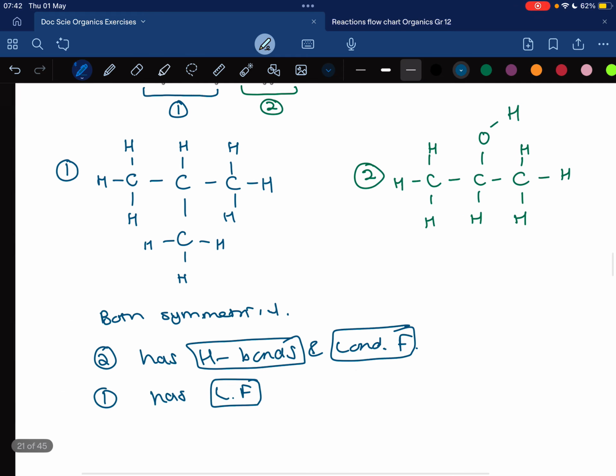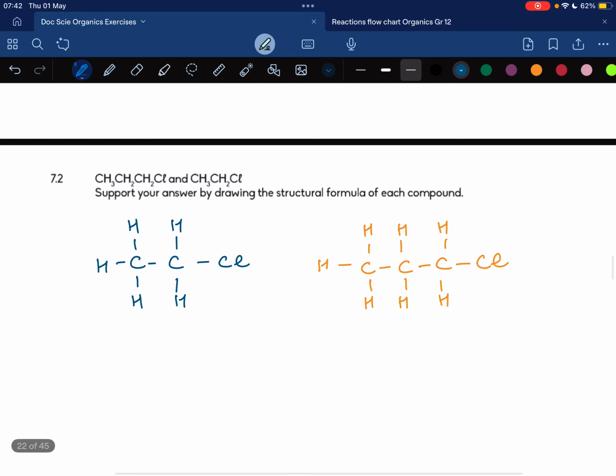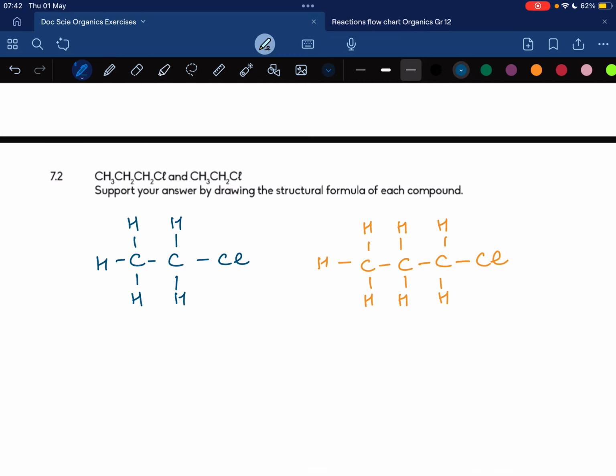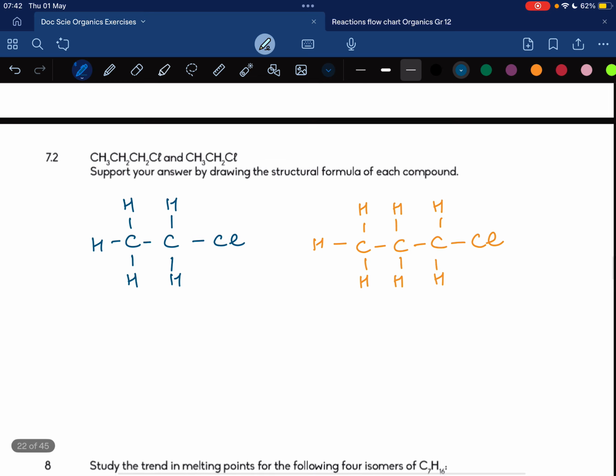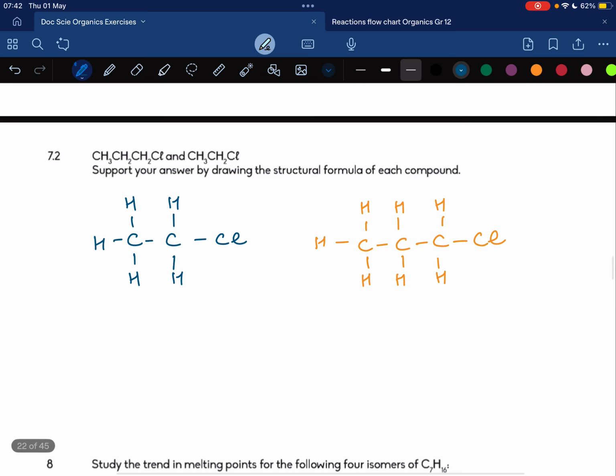The next one said, here's your structural formulas, so you have to support the answer by drawing the structures. So there they are. We can clearly see that this would be number 1 and that would be number 2. I can see that they both have London forces and they both have dipole-dipole forces.